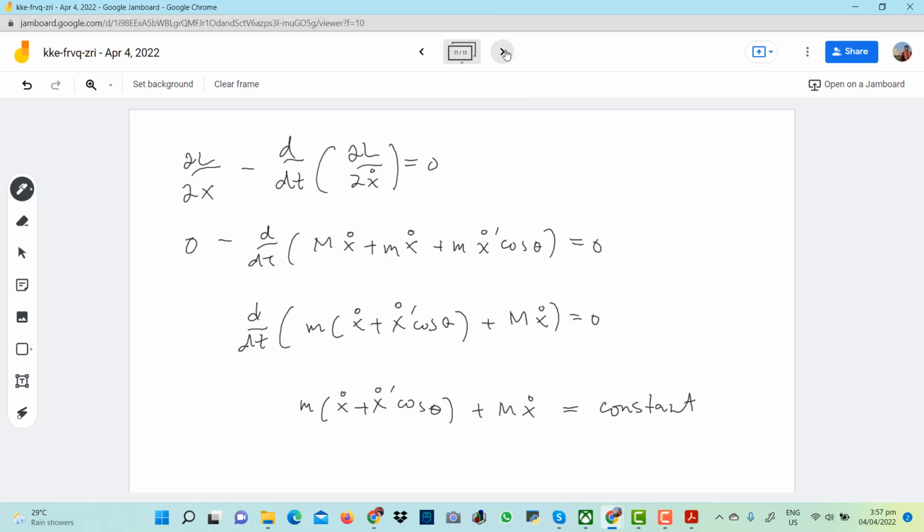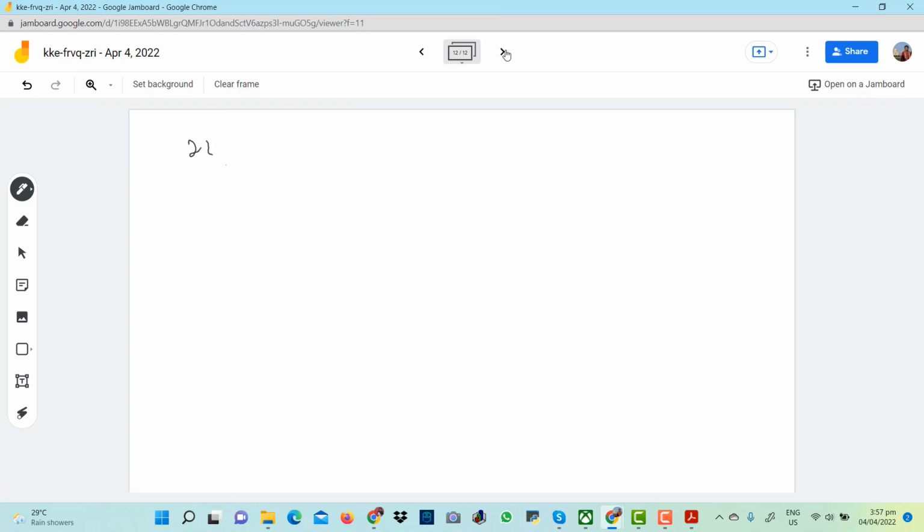Now, with respect to x prime: partial L with respect to x prime minus d/dt of partial L with respect to x prime dot equals 0.